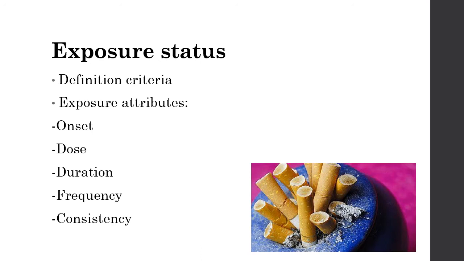And the benefit of doing so in defining your exposure, in grouping your individuals, is that it allows you to see if there is any what we call dose effect relationship. It allows you to see whether those who smoke severely, given a certain definition of what you mean by severely, are actually at a higher risk than those who smoke mildly, compared to putting all of them in one group.